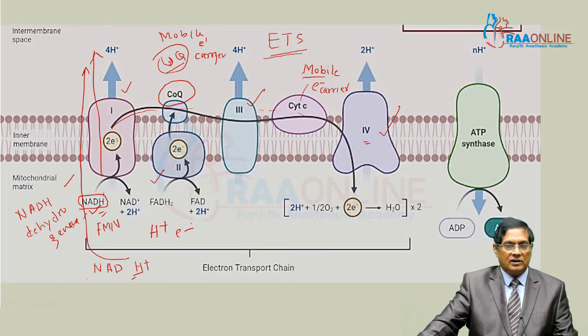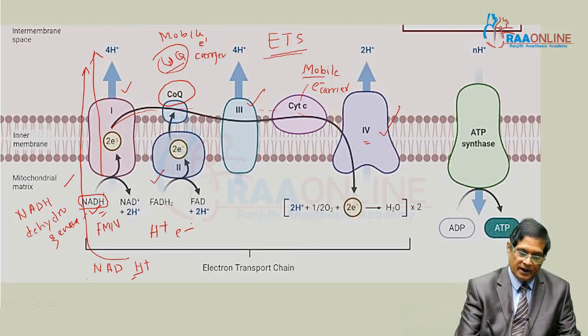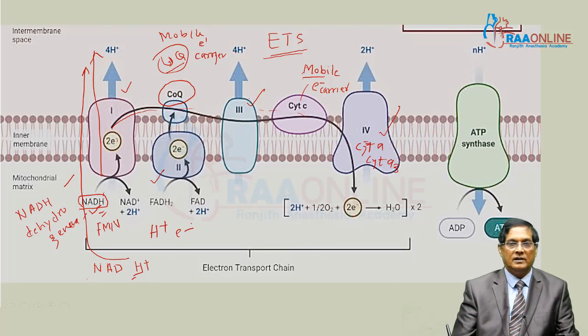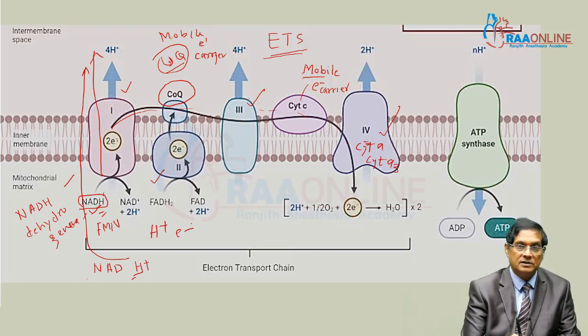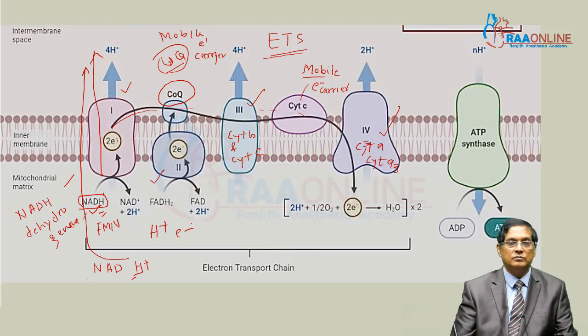and complex number 4 comprises cytochrome A and cytochrome A3. This is the last electron carrier. Whereas complex number 3 has cytochrome B and cytochrome C1. These are the cytochromes associated with the electron transport.